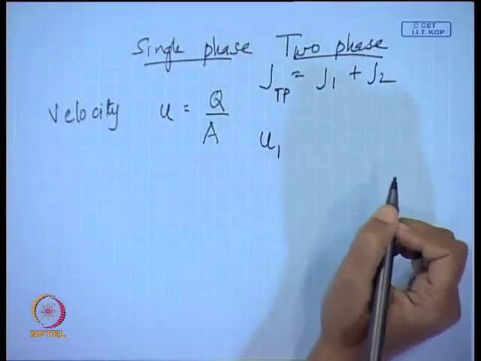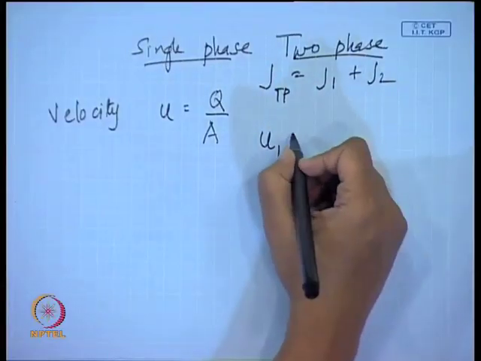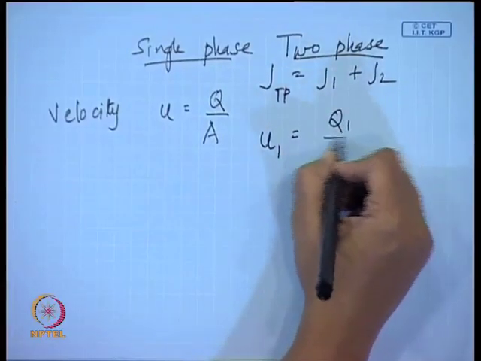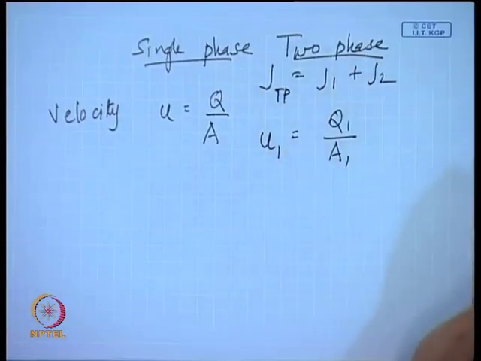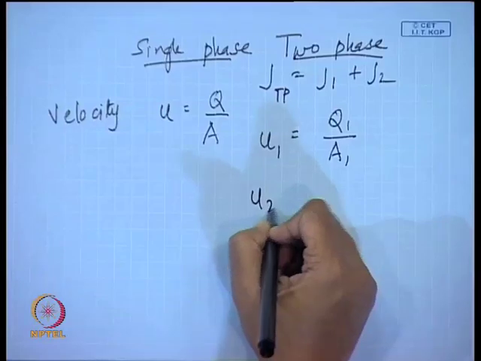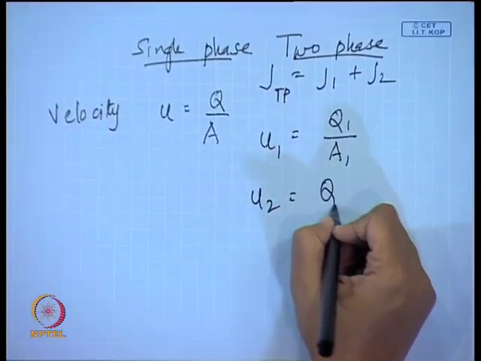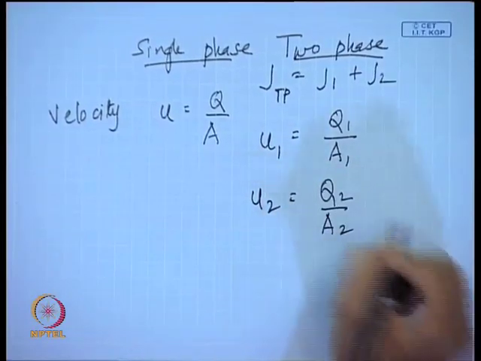So, if you talk about the actual velocity, then u1, the velocity of phase 1, should be Q1 by A1, the volumetric flow rate of phase 1 divided by the cross sectional area occupied by phase 1. Similarly, we can have u2 equals Q2 by A2.